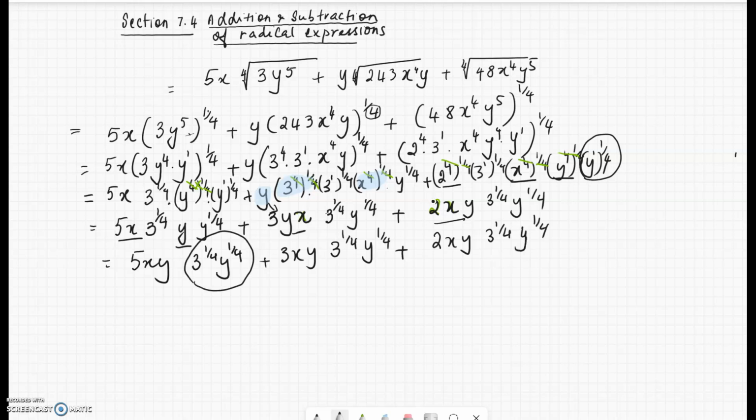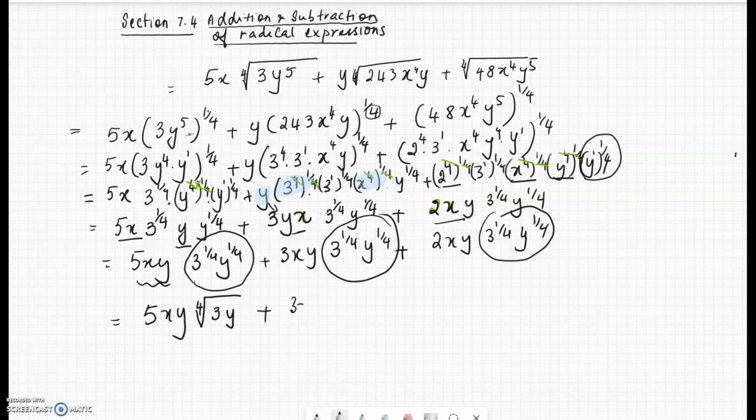Each of these can be written as the 4th root of 3y. So we have 5xy times the 4th root of 3y, plus 3xy times the 4th root of 3y, plus 2xy times the 4th root of 3y.